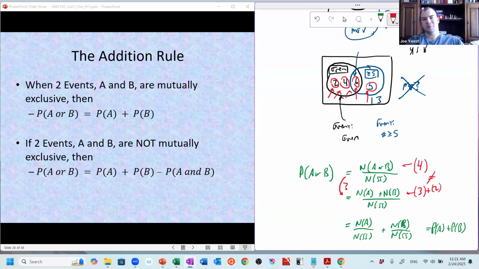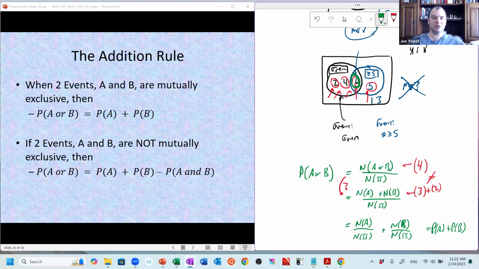What happened here? What happened here was I counted the number 6 twice. I counted that outcome once with the evens and once with the bigger or equal to 5s. I counted it once with the A event and once with the B event. I've overcounted it by one time.